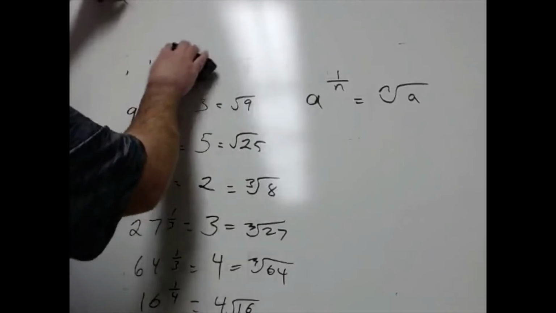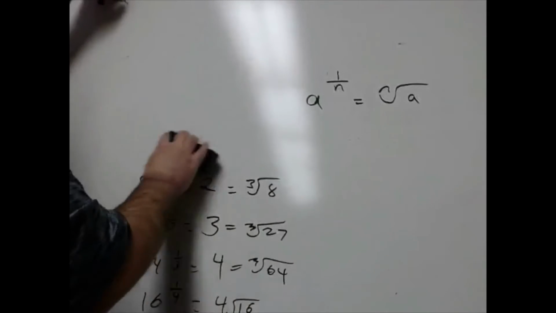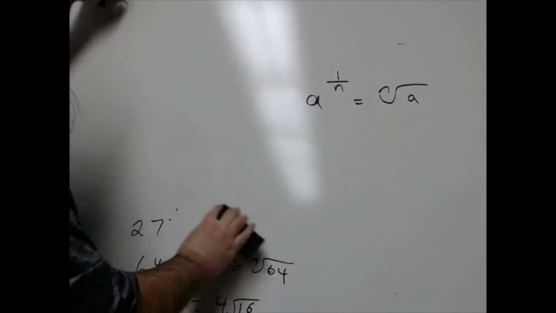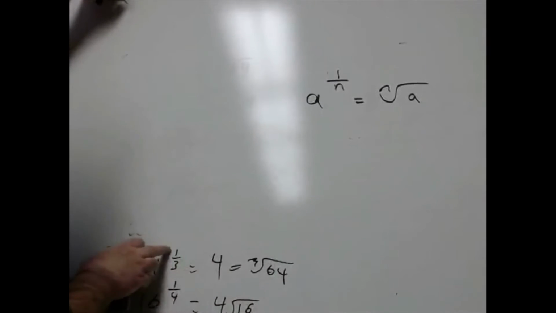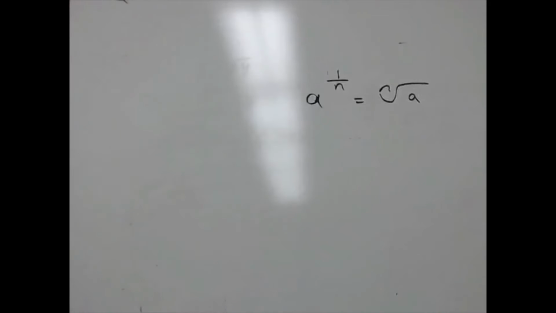But of course, when you have fractional exponents like this, you don't always have to have 1 in your numerator, like all of these had 1 in the numerator. Sometimes your numerator could be a number that's other than 1. So let's look at how we can handle that.